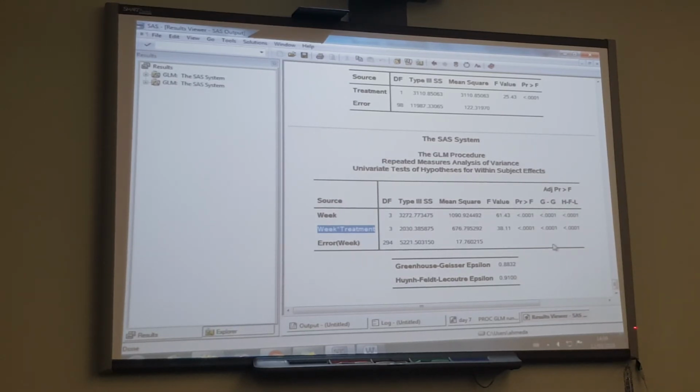I'm not interested in week only, because this is not the one sample. I'm interested in something involving treatment. And if I say week times what? Treatment, this is the effect of what? The treatment over time. Remember in weeks, how many weeks do we have? 4, right? So now this hypothesis, this is the most important hypothesis.